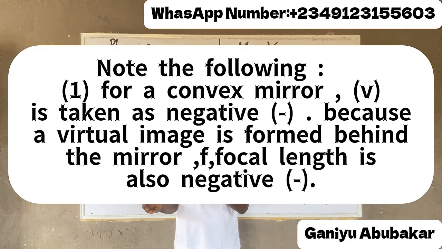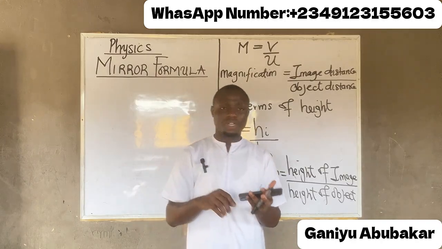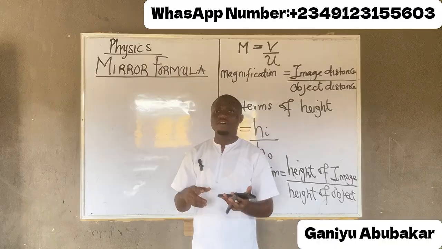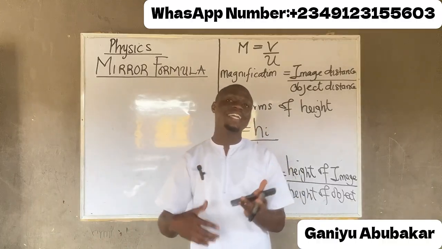So that's the first thing to note: for a convex mirror, V is taken as negative.